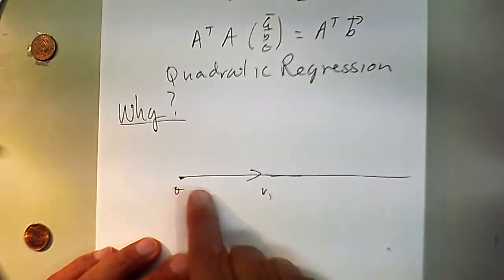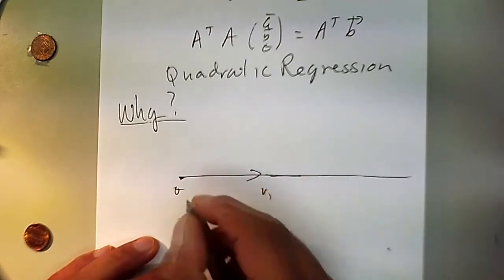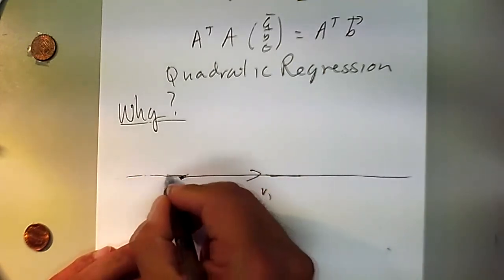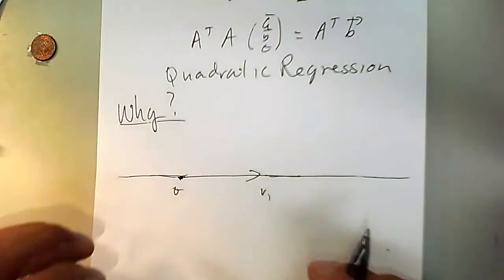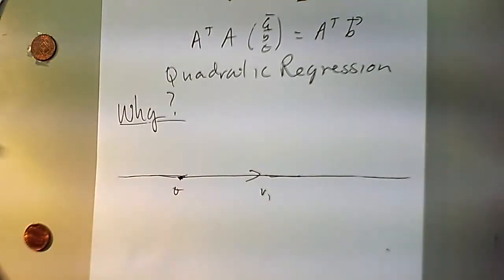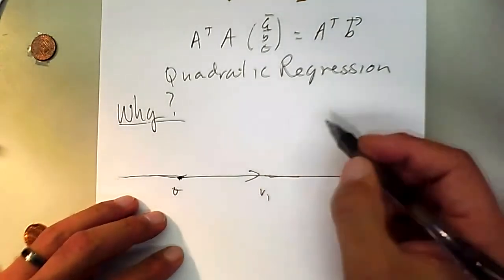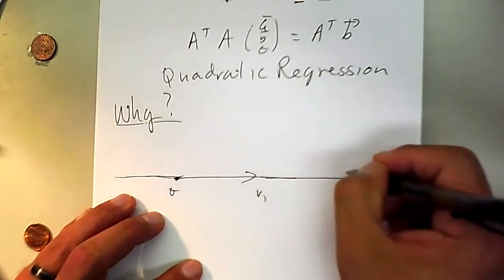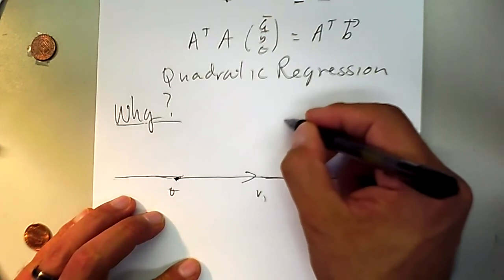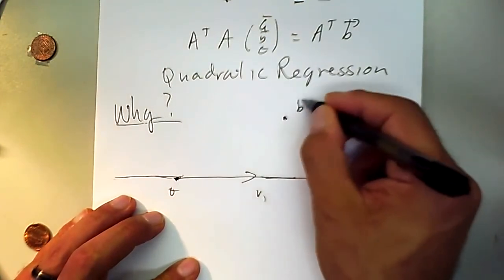All the linear combinations of v1 generate a straight line in both directions. This is not necessarily a horizontal line, it can be any line. In fact, it's better if it's not horizontal. And then you have your vector B.